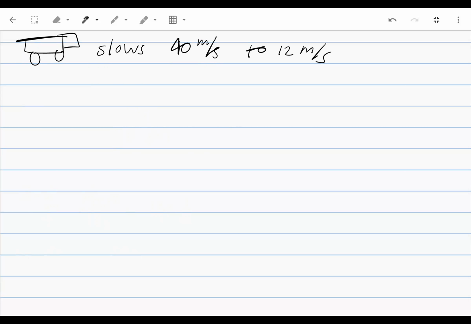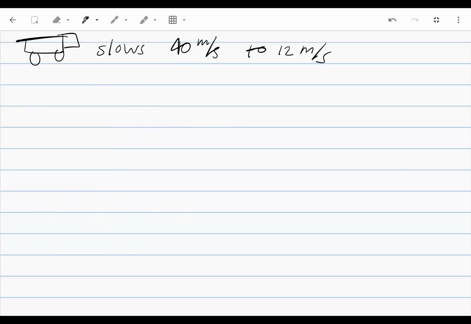And then moving on to a bigger problem, let's say a truck. Let's just draw a truck instead of actually writing out the word truck. Don't make fun of my truck. So let's say a truck slows down from 40 meters per second to 12 meters per second.